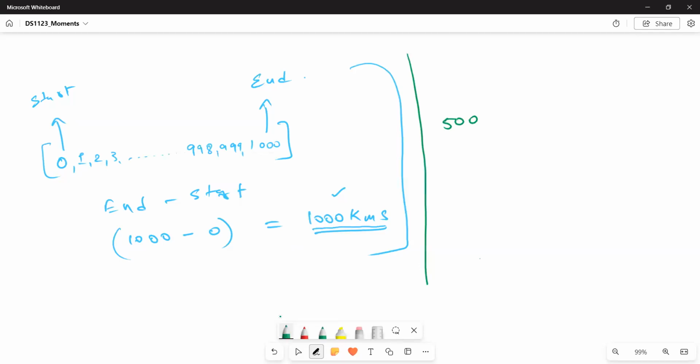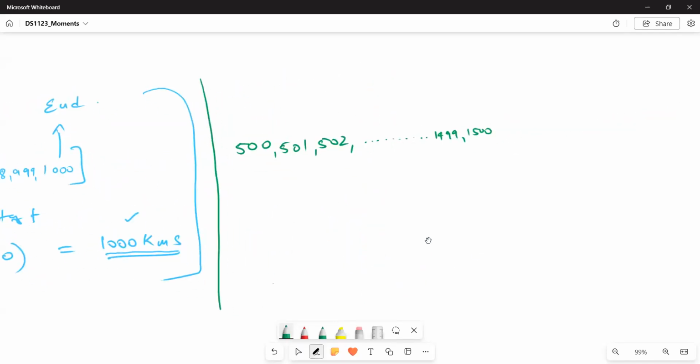So I'll start calculating 500, 501, 502, and so on, up till, let's say, 1499 and 1500. So here 500 is my starting point, and 1500 is my ending point.